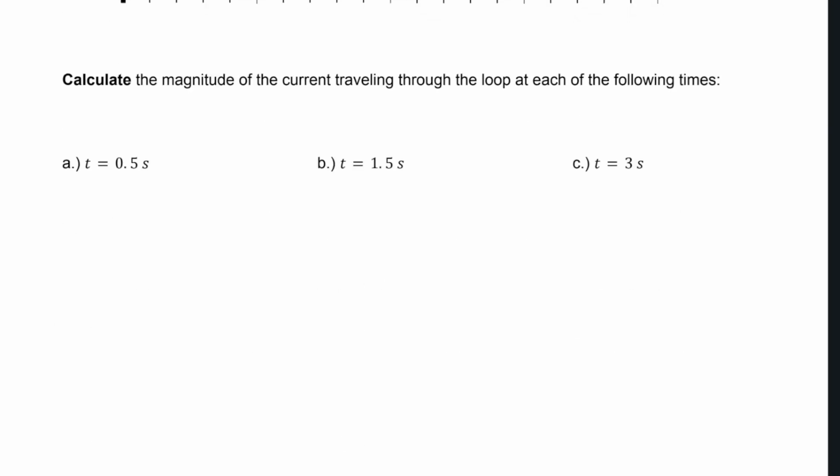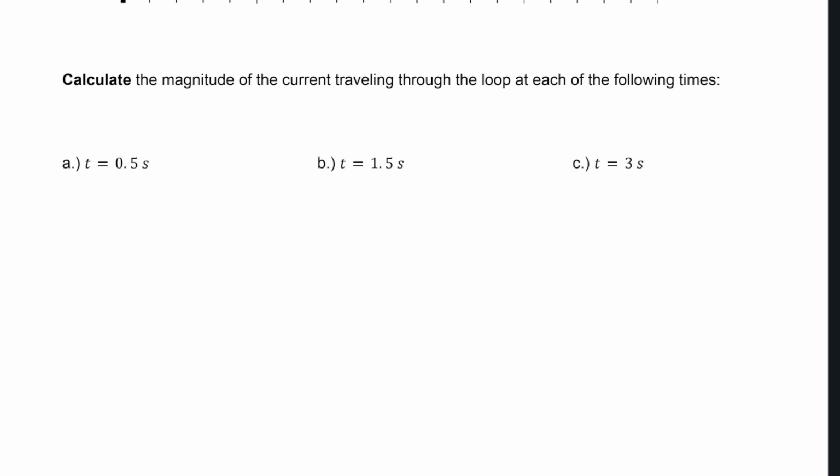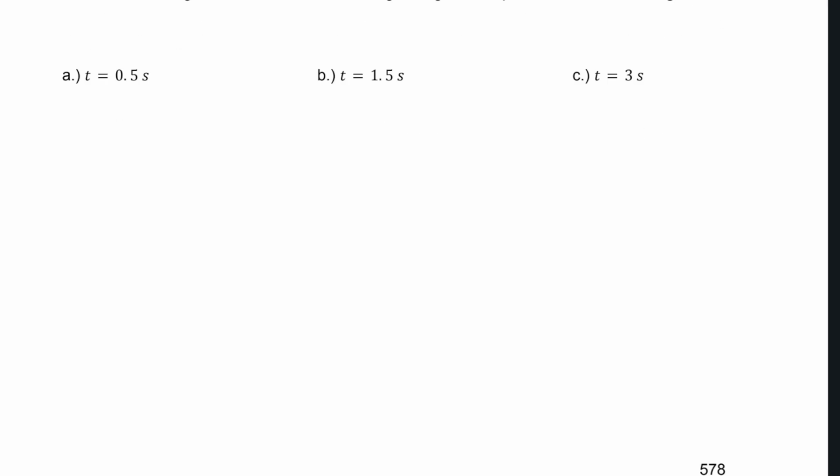Again, the formulation is going to be the same for all of these parts. If we're finding the current, we need to have the EMF. So we definitely want to find the induced EMF in the loop and divide by resistance in each case.